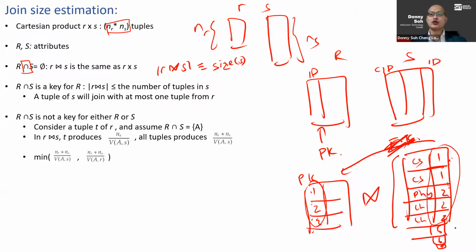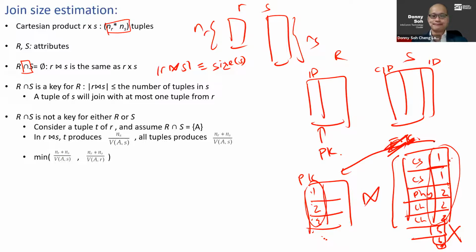So all these values will be dropped because they are not in my R table. And so the number of rows returned by this join is going to be less than my number of rows in S. So if it is a foreign key, it's going to be equal to the number of rows in S. If it's not a foreign key, it is going to be less than or equal to the number of rows in S.